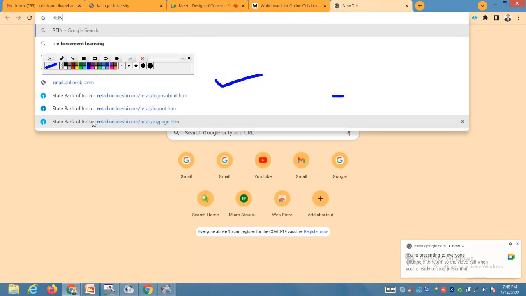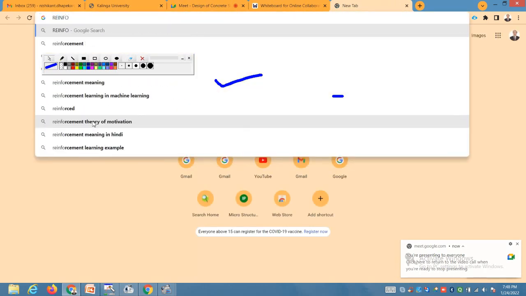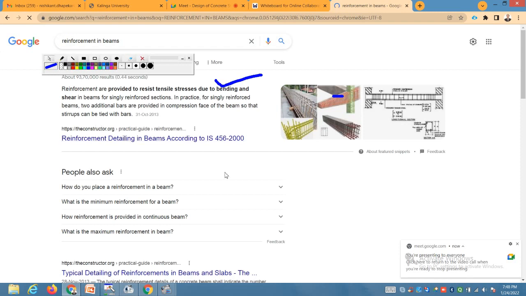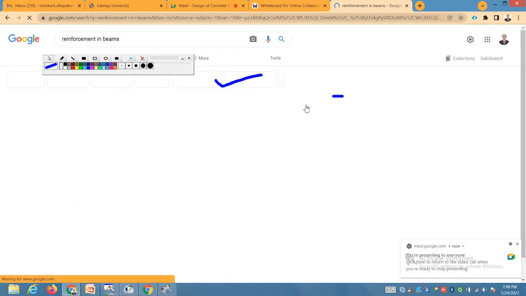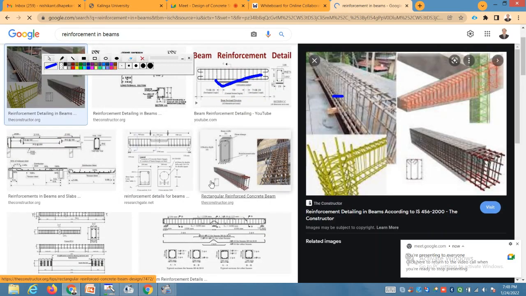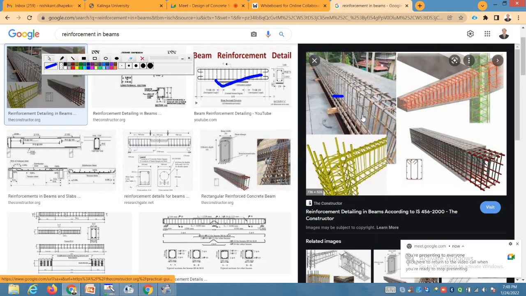See these images. This is known as reinforcement. This image is visible to all of you.